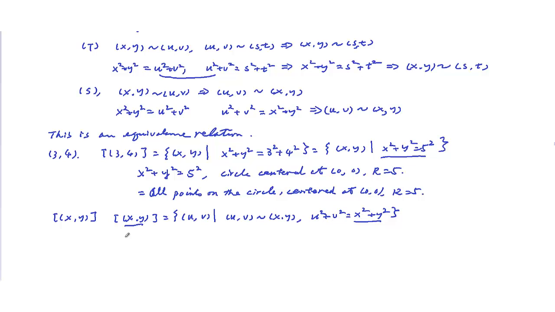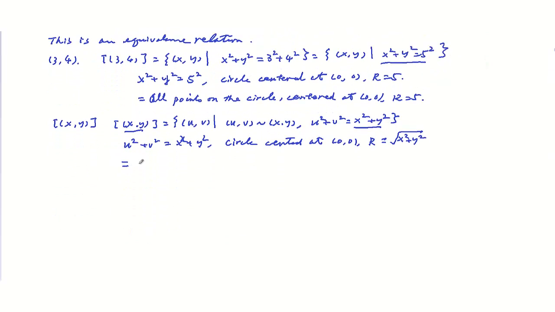So x squared plus y squared is given whenever a point is given. Then u squared plus v squared is a circle centered at (0, 0) with radius equal to the square root of x squared plus y squared, like we did for 25, where the radius is the square root of 25. So the description of this equivalence class is all points on the circle centered at (0, 0) with radius r equals the square root of x squared plus y squared.